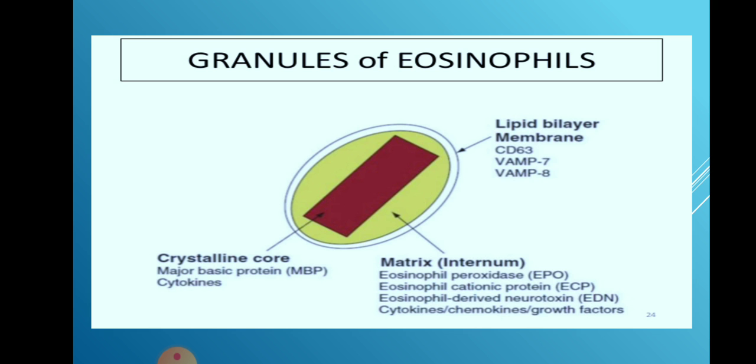This is another image of a crystalloid granule of eosinophil. It shows a crystalline core having major basic protein, and matrix having eosinophil peroxidase, eosinophil cationic protein, eosinophil derived neurotoxin.